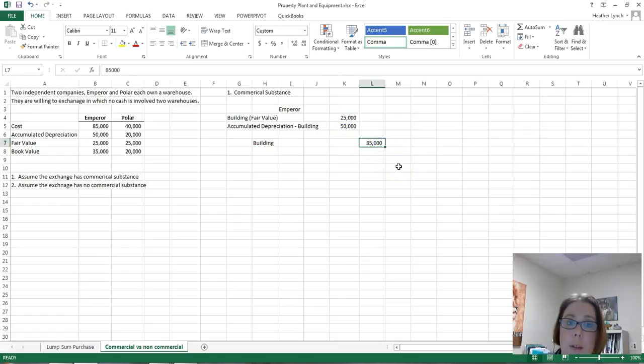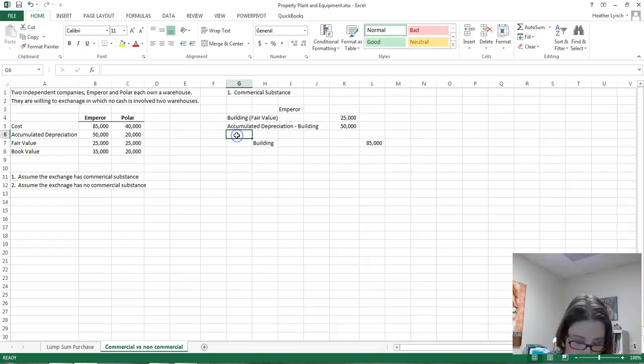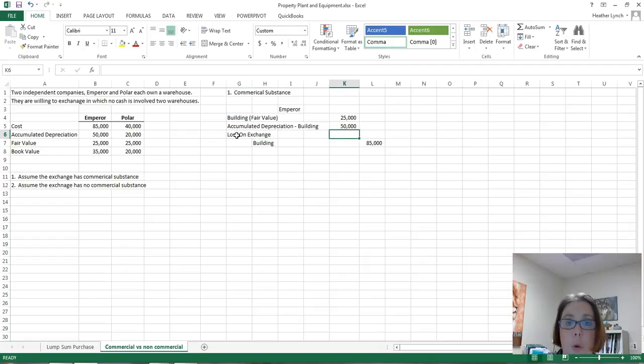He acquired a new building for $25,000. He had $85,000 in his old one, so he has a loss on exchange. And that is for $75,000 and $85,000, so we have $10,000 as a loss on exchange. So that was for Imperial.